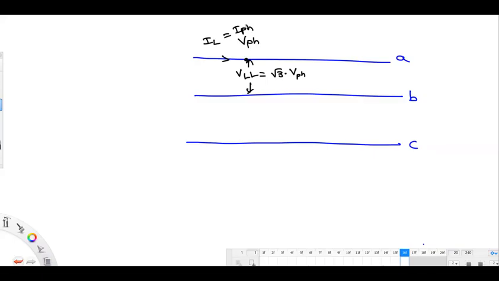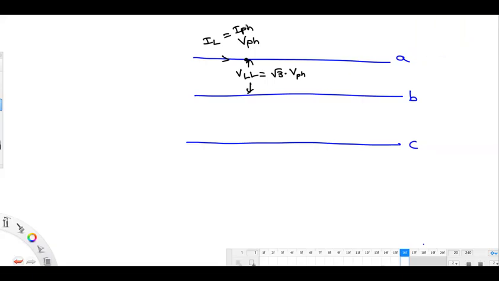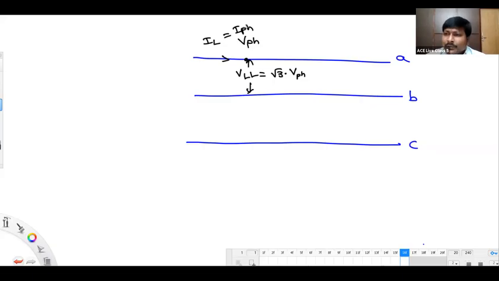Sir, one more doubt. Can we say skin effect is eddy current loss in the transmission line? Can't say exactly eddy current loss. You are attempting to relate this with your transformer.